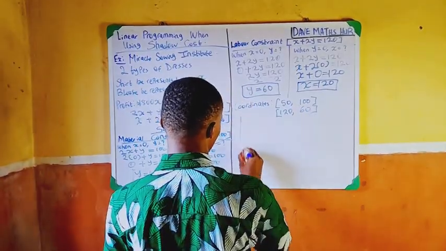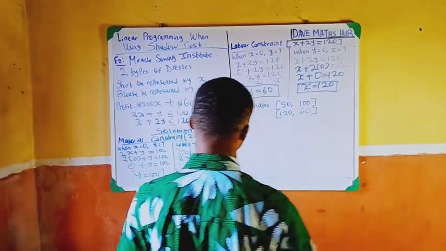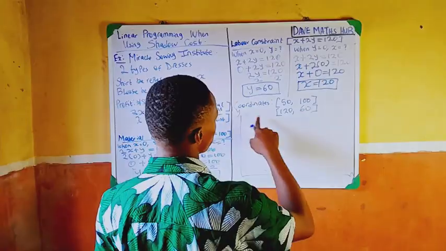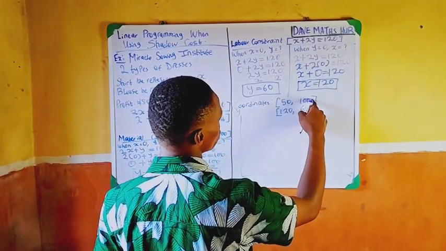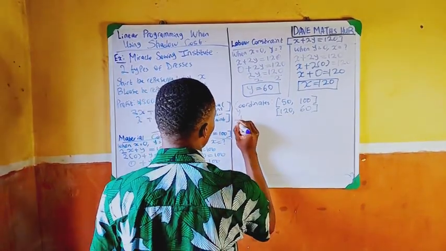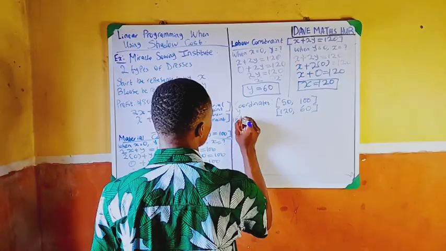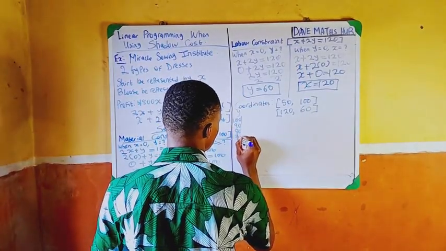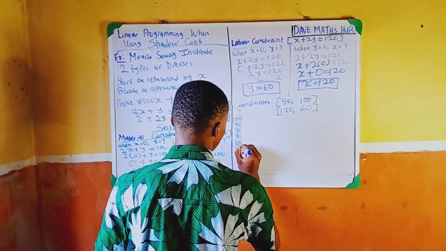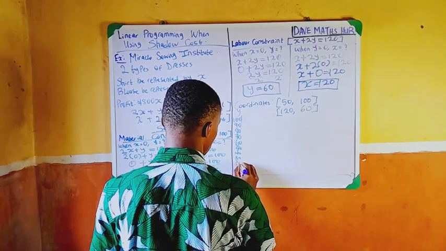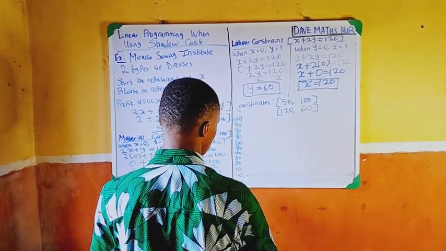Putting it in a diagram, it will be like this. This is for y, this is for x. So the highest for y here is 100, and the highest for x here is 120. So we have 100, 90, 80, 70, 60, 50, 40, 30, 20, 10, and 0.